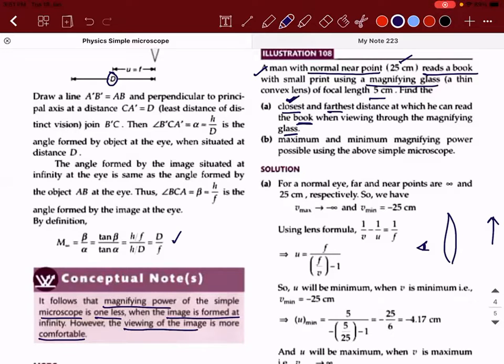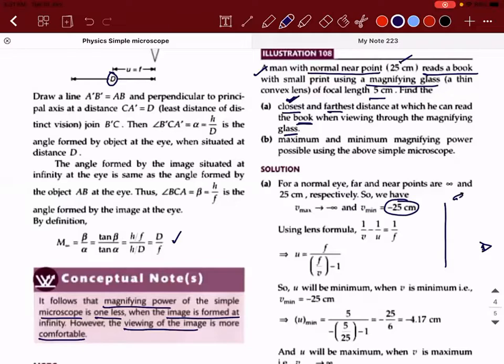When he is reading, he needs to read it comfortably. So the least distance that is possible is minus 25 centimeter, because always remember, with respect to ray optics, the object should be kept on the left hand side.